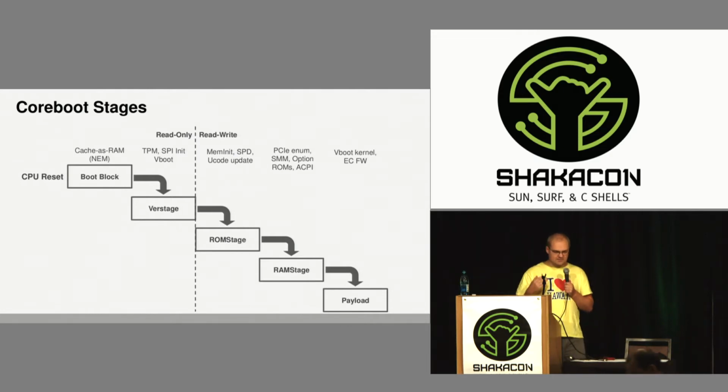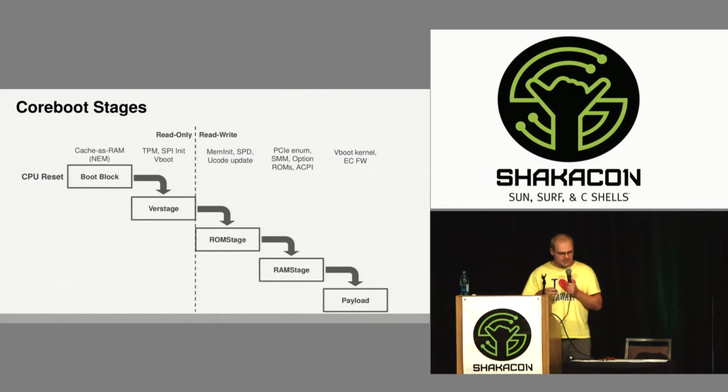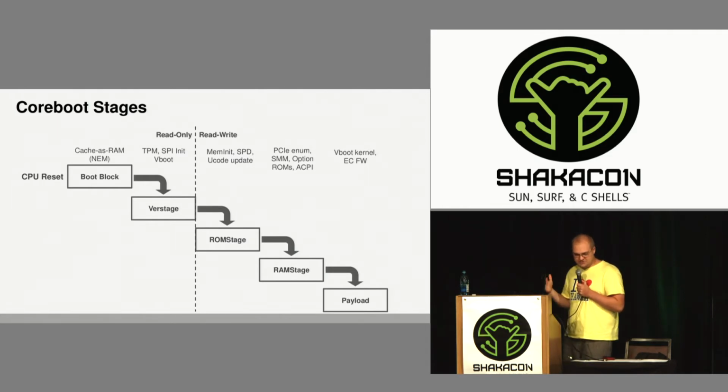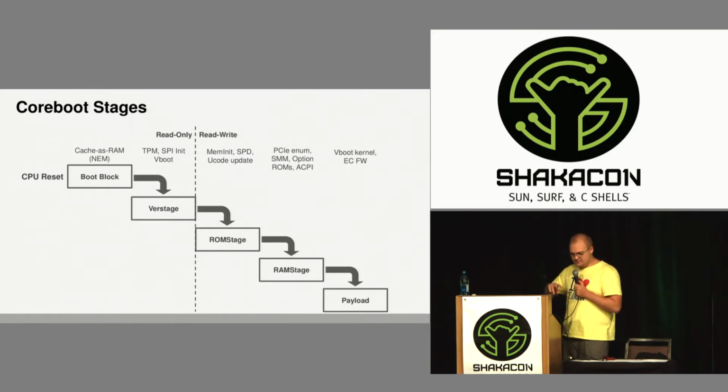And before it has this functionality, it's supposed to initialize the necessary components to have that verification method. So it initializes TPM, SPI, and vboot, verified boot. After it initializes these three modules, it can run vboot and check the next step in the boot sequence. Then it checks the ROM stage and switches the execution to the ROM stage.